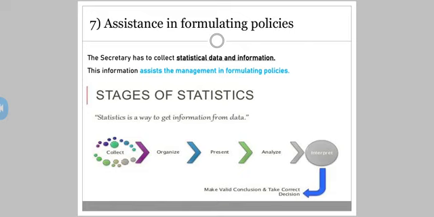To analyze means to see and to check. After analyzing, you interpret that. Interpret means to solve or to explain. After having all the interpretation, the management makes a conclusion and then takes the correct decision.